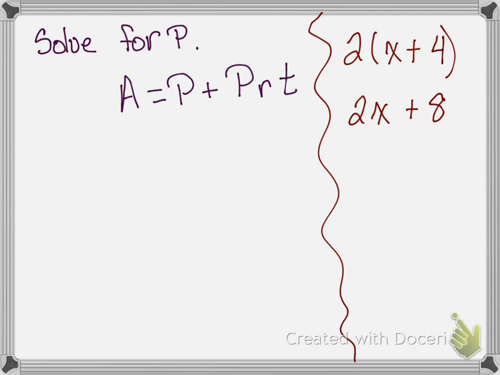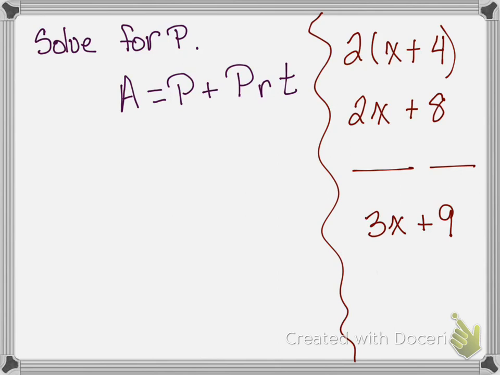Now, I can do that, but in the opposite direction. That's called factoring, and we will actually spend a significant amount of time on factoring. But what I'm doing in this problem with the P plus the PRT, I need to take that P out. So if I have something like 3x plus 9, is there a 3 in both of these?